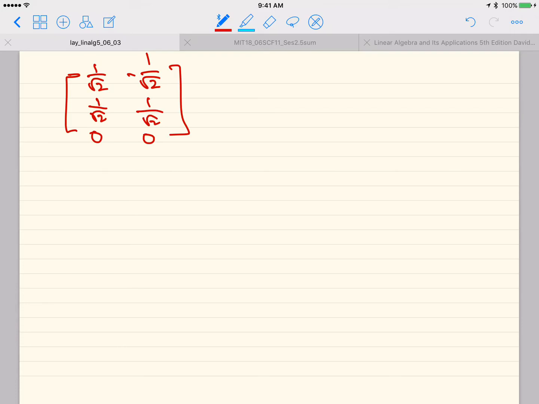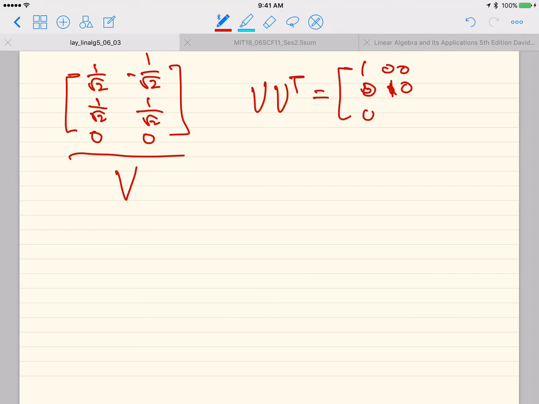So this will be a rotated version, a new basis that is still also orthonormal, right? Okay, so this will become our new V, and if you compute V transpose, it should still be 1 0 0, 0 1 0, 0 0 0.